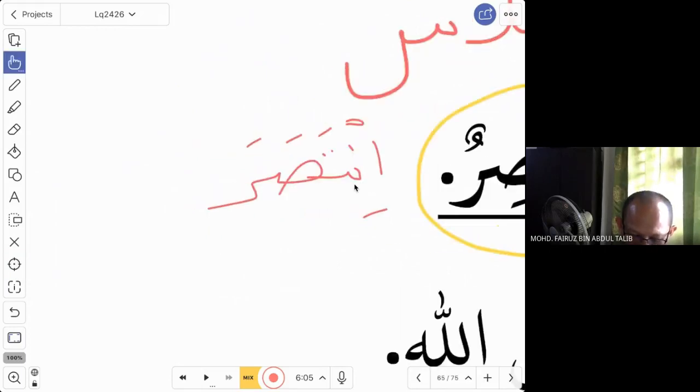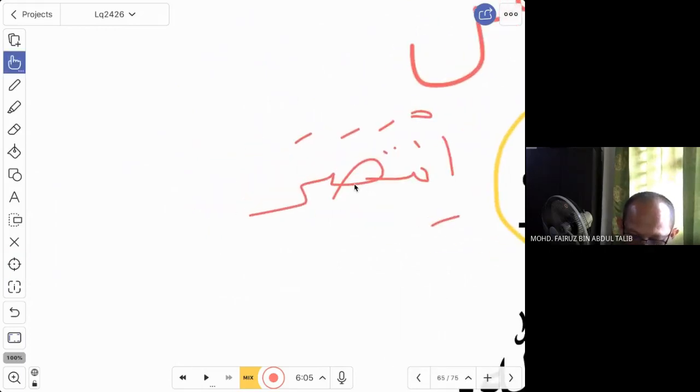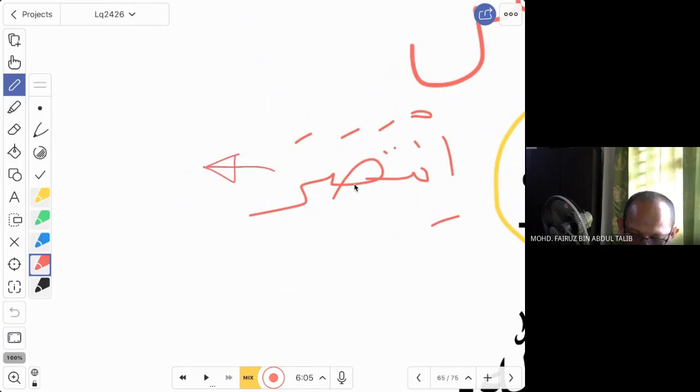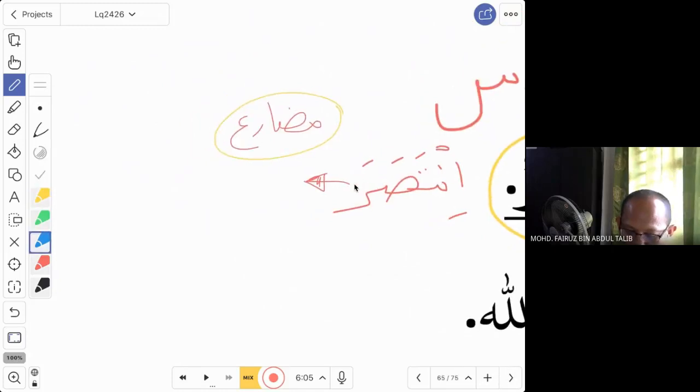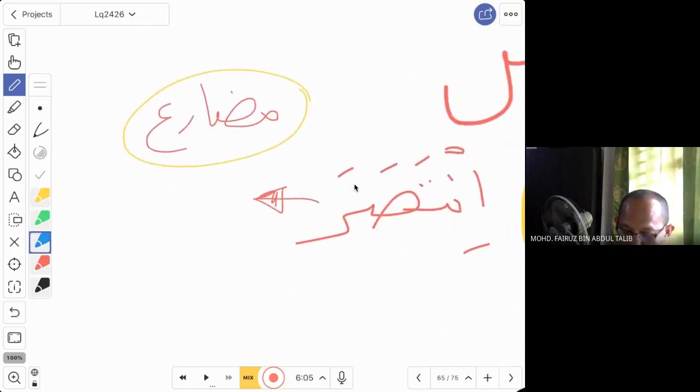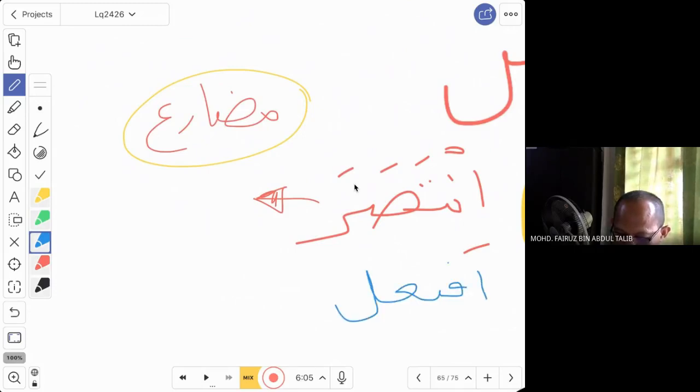For more than 3-letter fi'il, before you can change to isim fa'il, you need to know the mudari. This is compulsory. You need to know what is the fi'il mudari for intasara. You can refer to the wazan. This is yantasiru, following the wazan ifta'ala, not infa'ala, because the nun is the original letter.